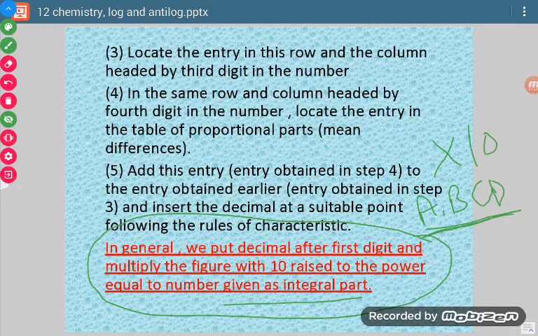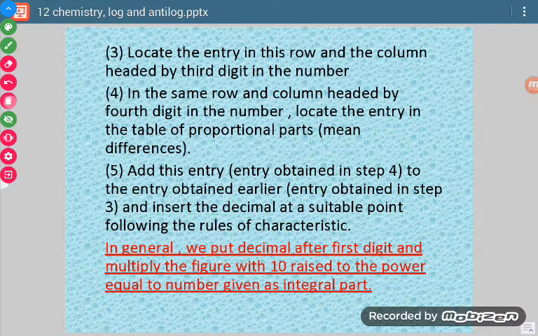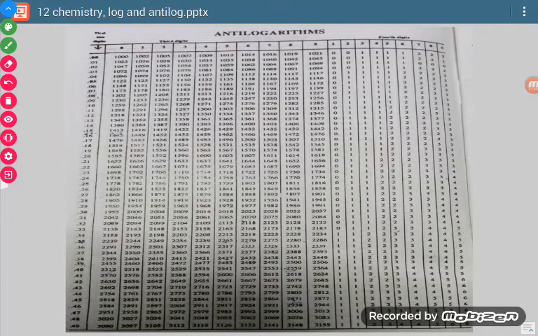Now suppose we were given 9.2637, then this is the integral part. This part will come as 10 raised to power 9 and will be multiplied with this. Okay, so this is the easiest way to find the anti-log. Now this is the anti-log table.